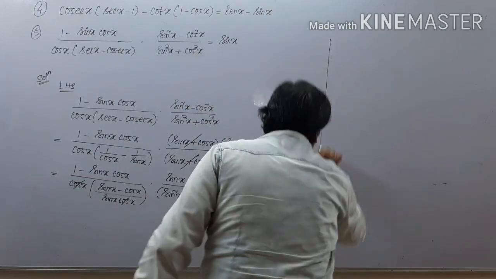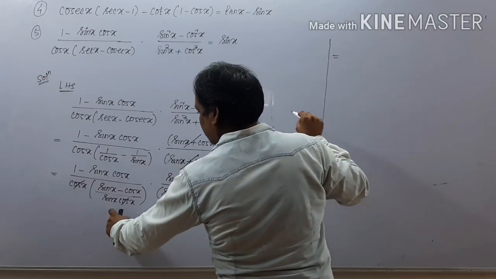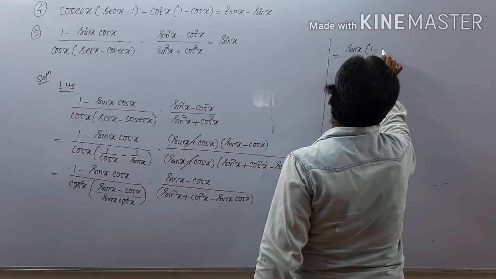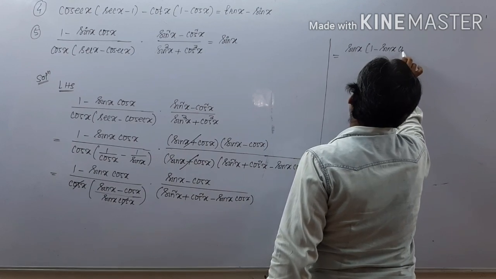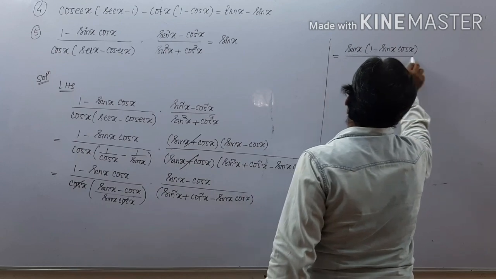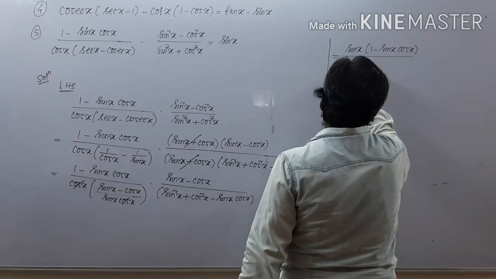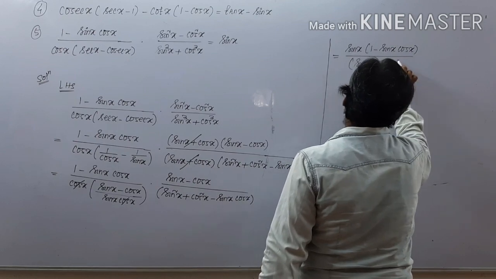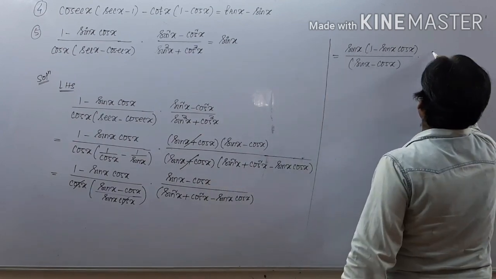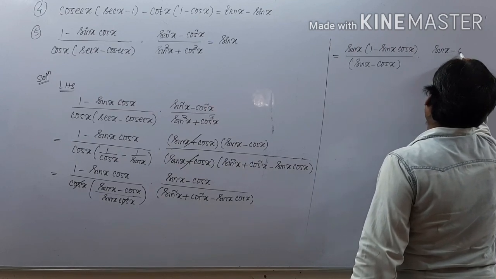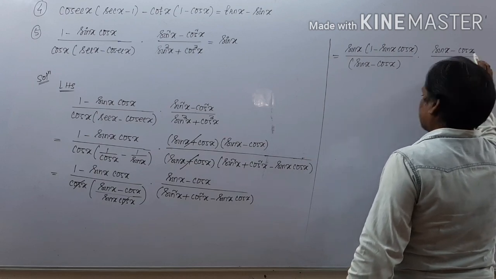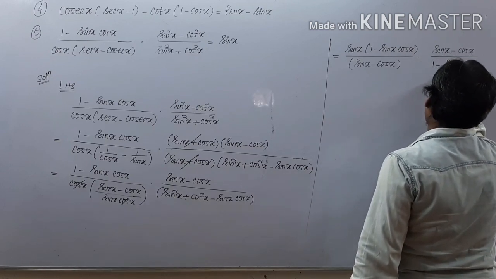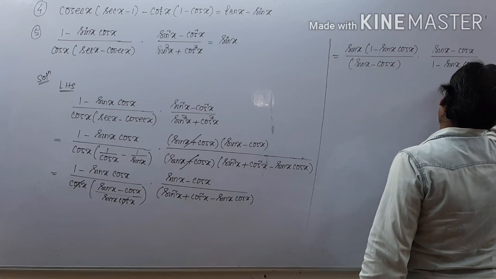So what happens here, this is equal to, this sin will go to the numerator, so we have sin x multiplied to 1 minus sin x into cos x divided by sin x minus cos x, multiplied to the term sin x minus cos x divided by, here sin square x plus cos square x, clearly we know that this is 1, right, minus sin x into cos x, right?